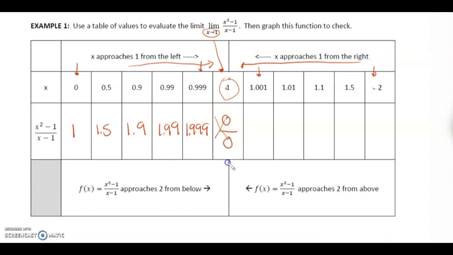This cannot happen. This is called indeterminate form. We cannot evaluate 0 over 0. And then coming in from the right, we go from 3 to 2.5 to 2.1 to 2.01 to 2.001. Again, we're getting closer and closer to the number 2.